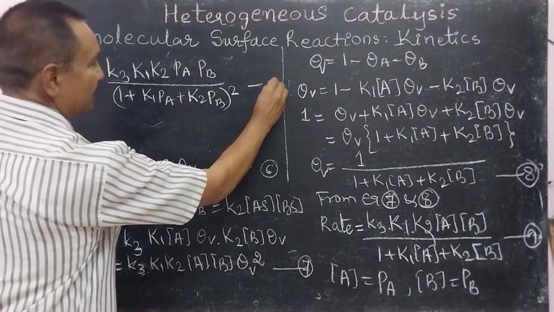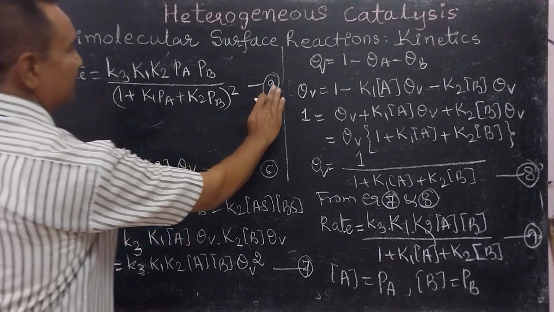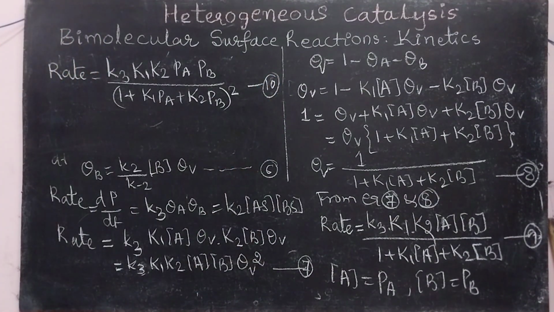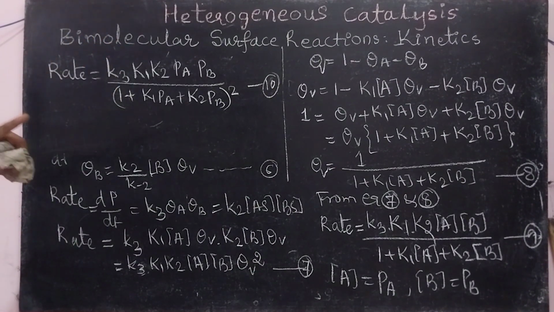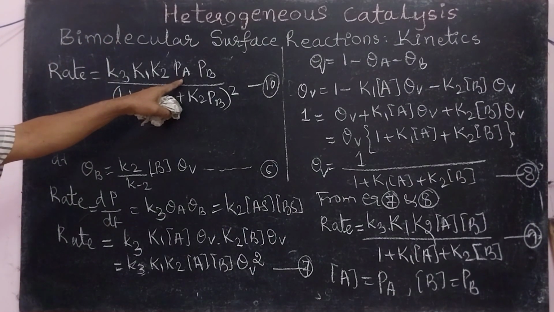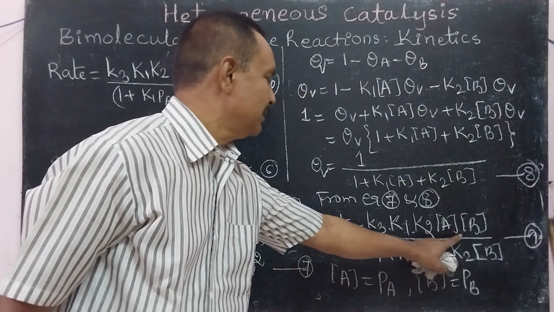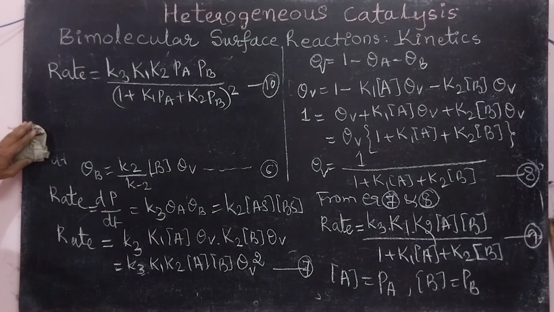That is equation 10. Equation 10 is the expression for the rate of a bimolecular surface reaction in terms of pressures or partial pressures. Equation 9 is in terms of concentrations. This is the rate equation.